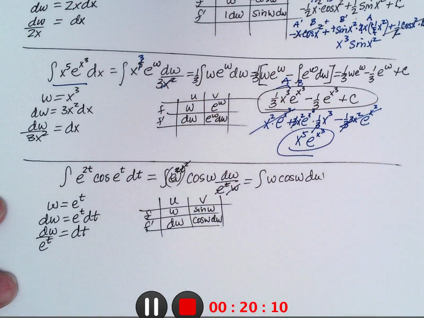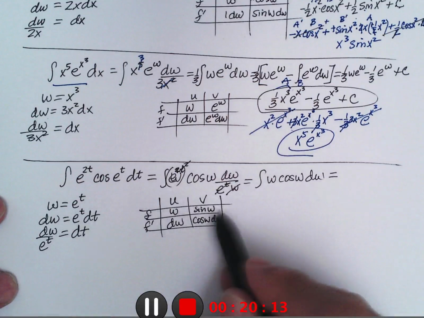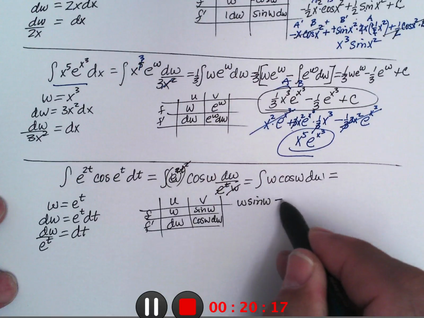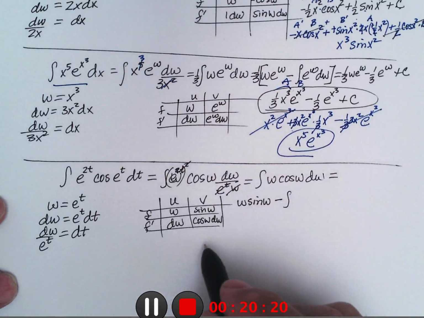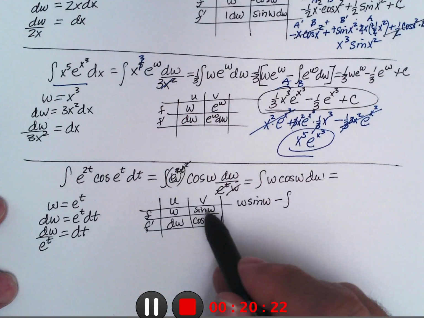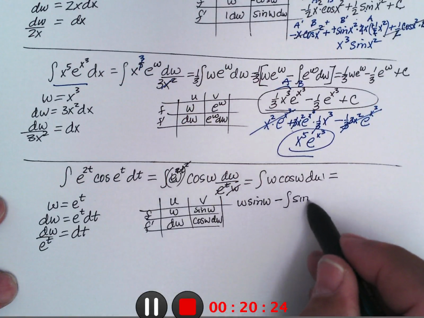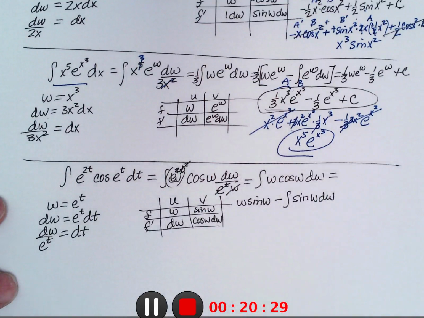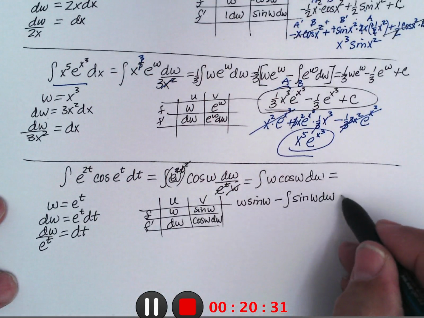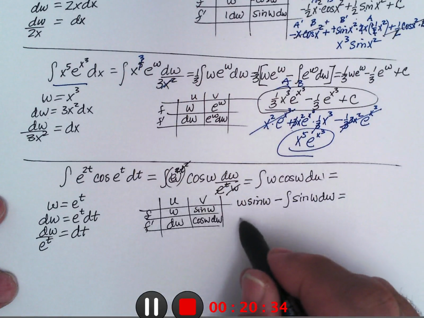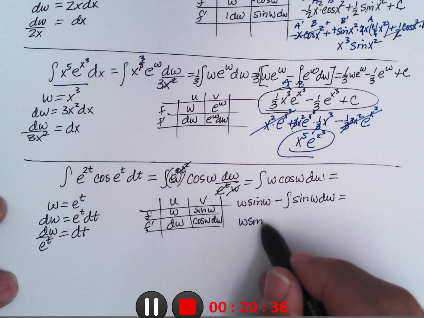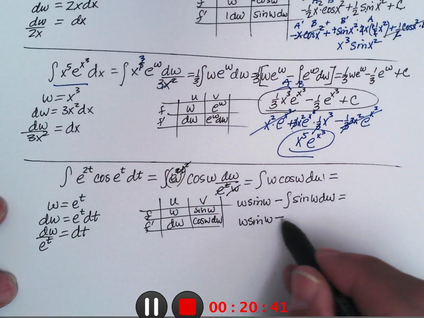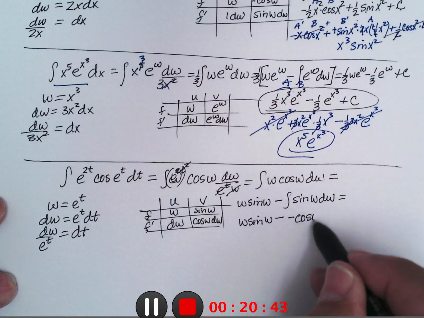So this becomes uv minus the integral of these two, which is sine w dw, which is w sine w. The antiderivative of sine is negative cosine w plus c.